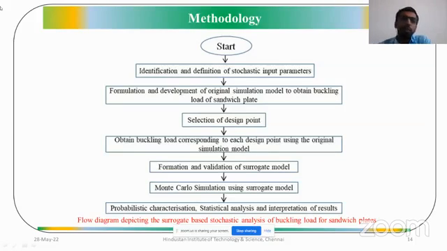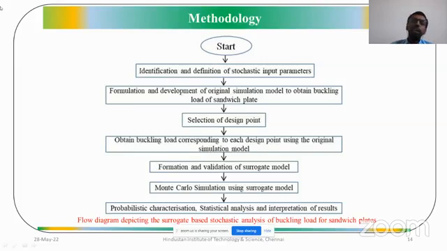Thereafter, formulation and development of the original simulation model to obtain the buckling load of the sandwich plate. Then we will consider some design points for obtaining the buckling load corresponding to each design point using the original simulation model.